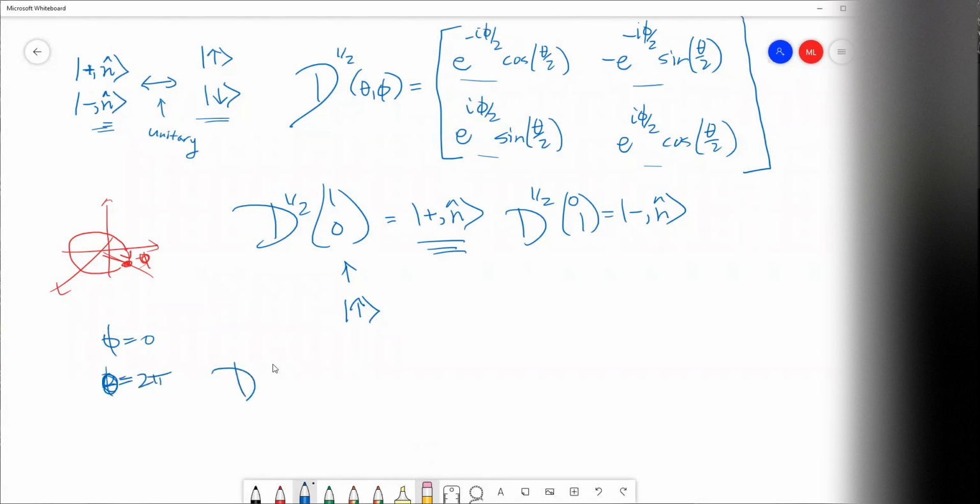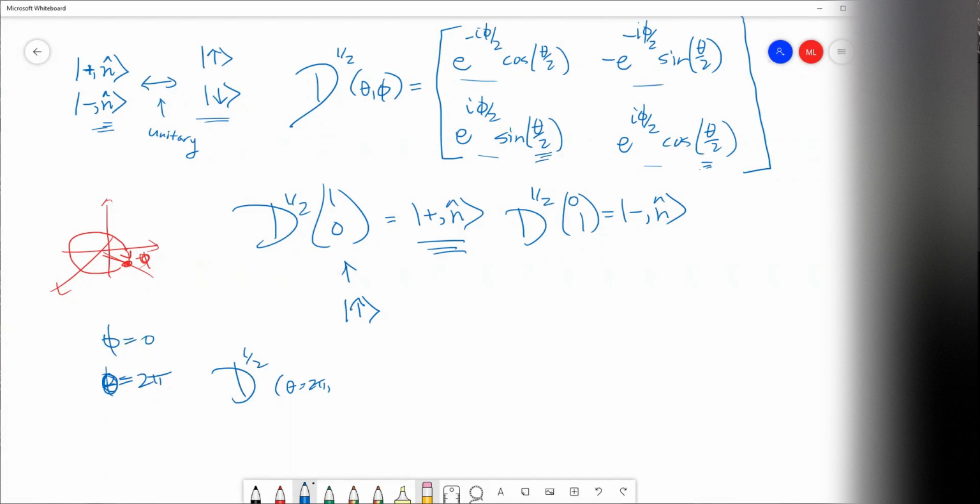But D^(1/2) here... I thought theta was constrained to be between 0 and pi. Yes, it is, but we can still see that there's something weird going on in terms of the sign, as we'll see. We at least expect it to be periodic in some fashion, but because of these theta over 2's, it's not.